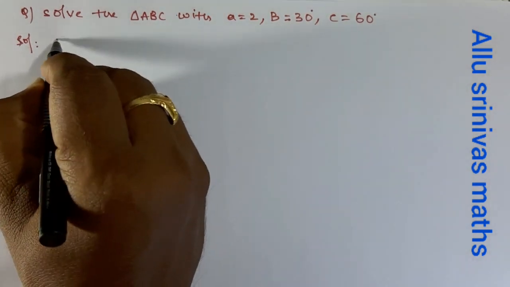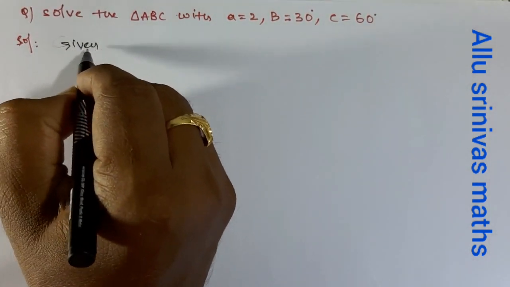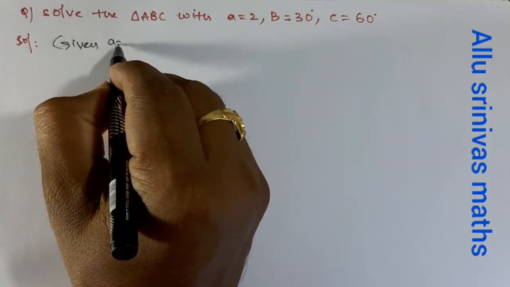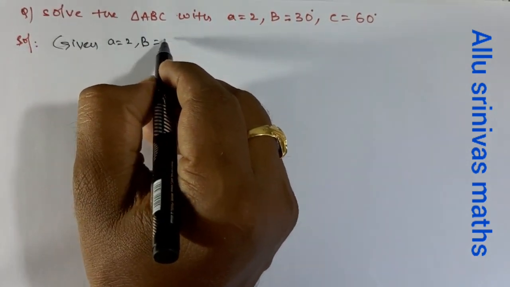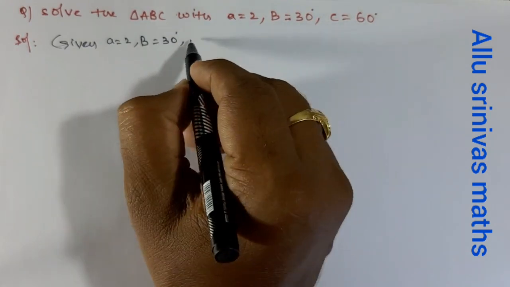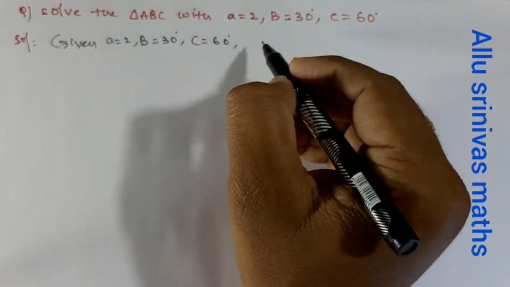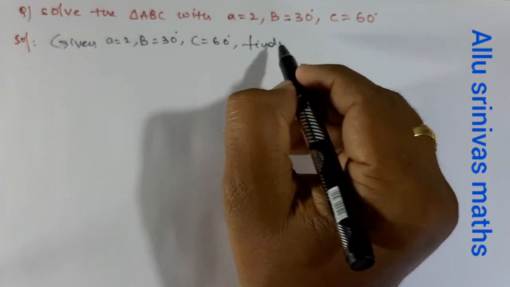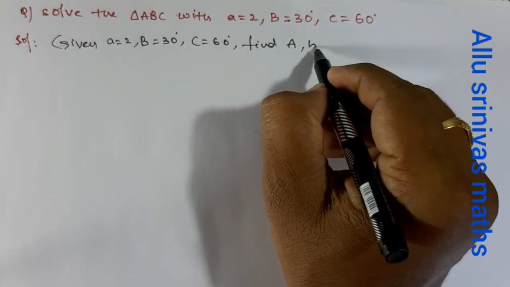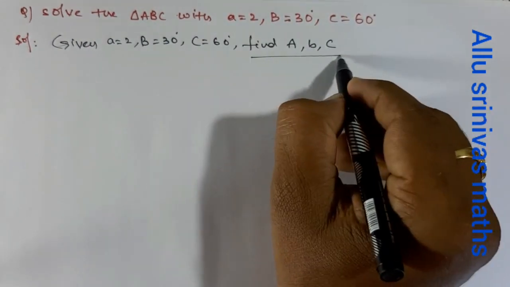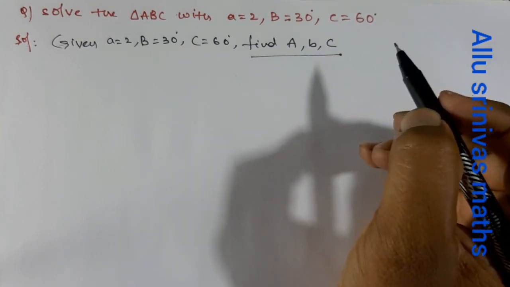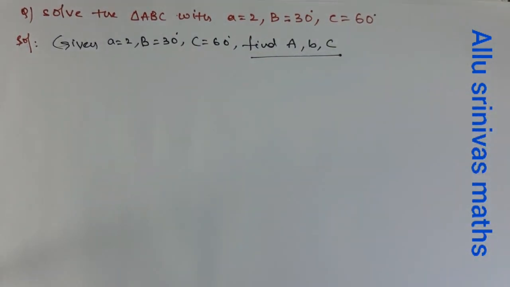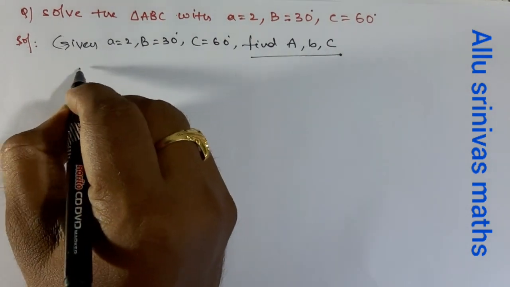First you have to write the given 3 elements. Side A equal to 2 and angle B equal to 30 degrees and angle C equal to 60 degrees. The remaining elements to find are angle A, side B, side C. We know that the relation between 3 angles is A plus B plus C equal to 180 degrees.